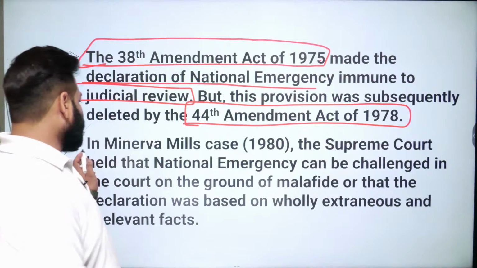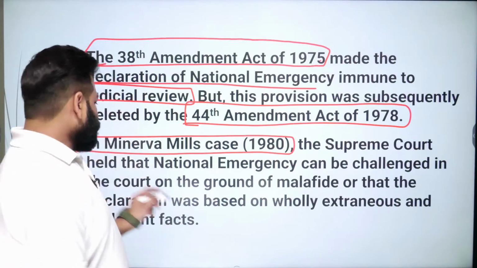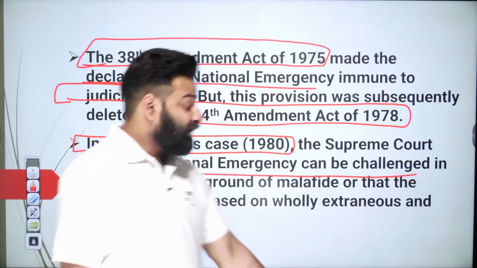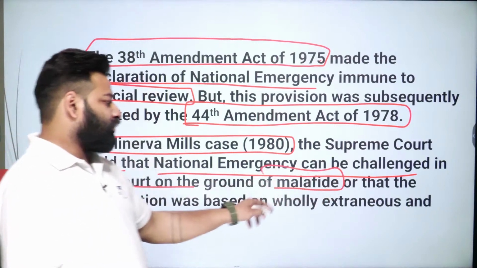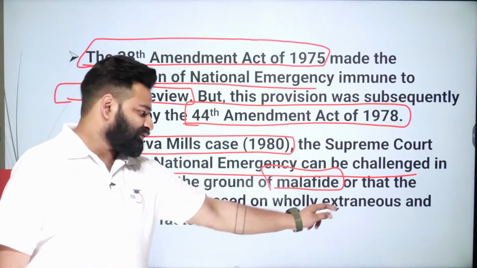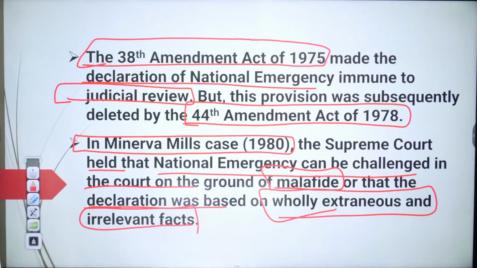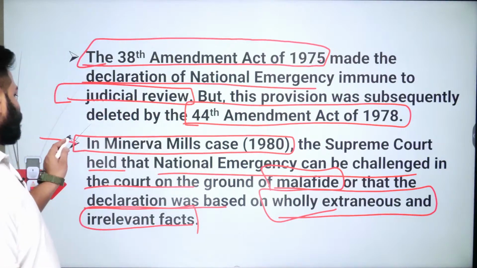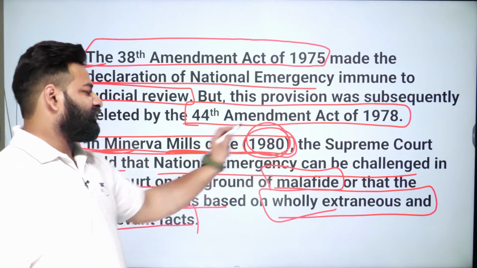Further, in the Minerva Mills case of 1980, the Supreme Court held that national emergency can be challenged in court on the grounds of being malafide, or that the declaration was based on extraneous, that is baseless or irrelevant, facts. In which case? The Minerva Mills case of 1980.